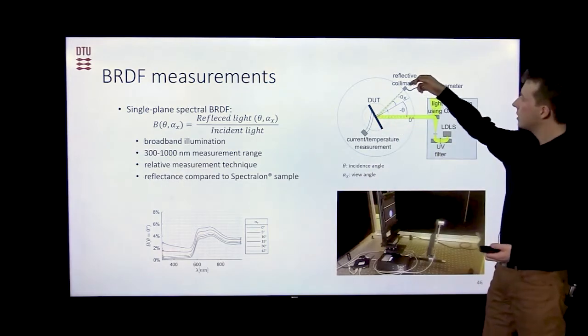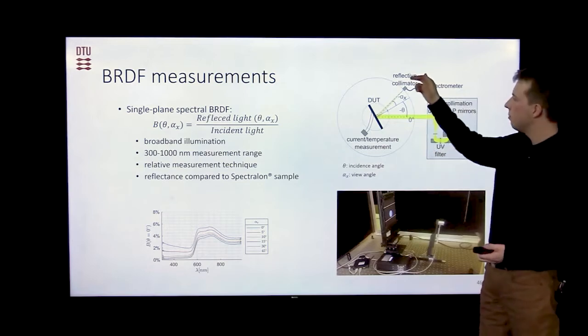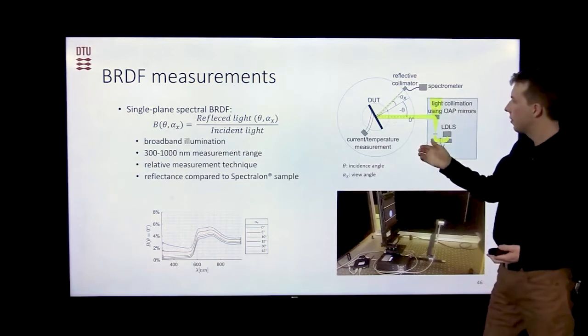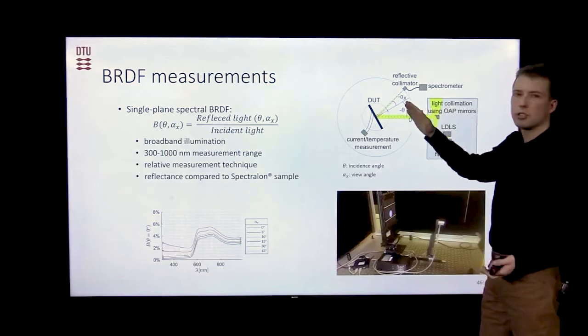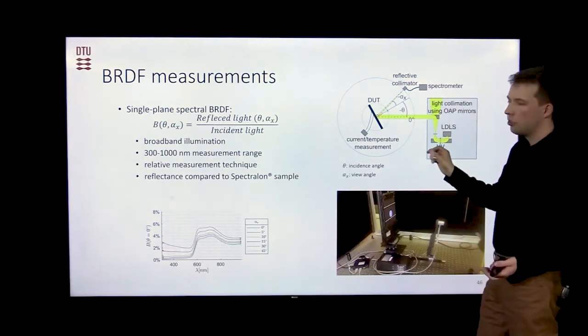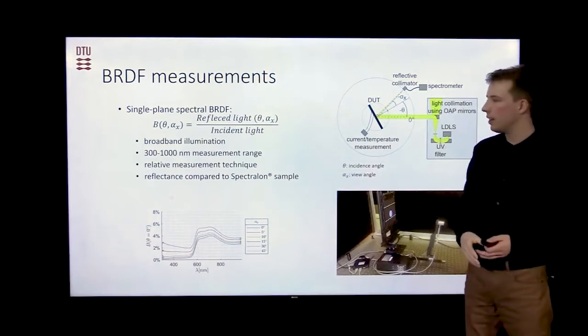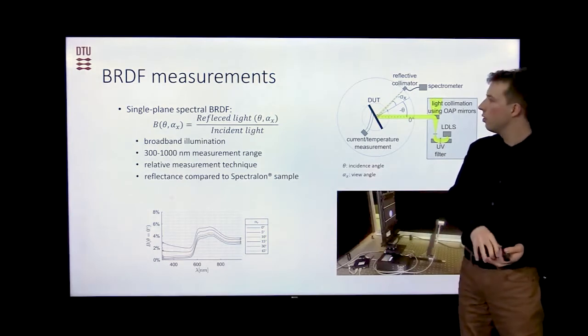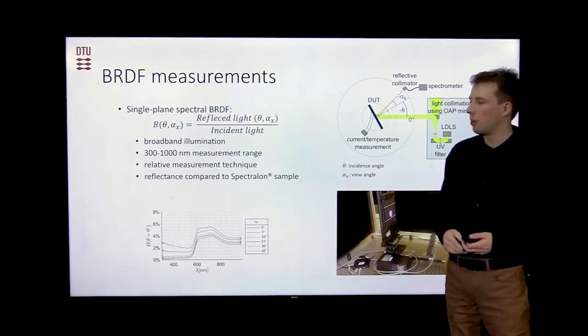In addition, we have a sensor freely traveling around our sample, measuring the reflected light. By combining an incident angle, so the rotation of our sample, with a view angle, so the rotation of our collimator or sensor, we can then correlate both incidence angle and view angle with the color appearance of our sample.